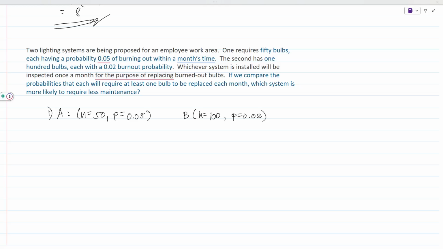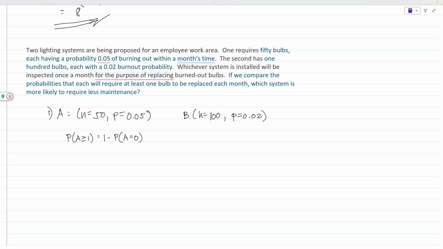So, ang gagawin natin is, since at least one bulb to be replaced, ibig sabihin mag-burn out at least isa. At least isa doon ang mag-burn out. So, for P of A greater than or equal to 1 is equals to 1 minus P of A less than 1, or equal to 0.